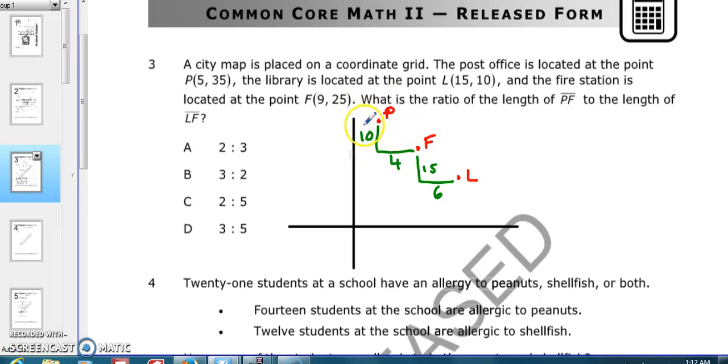And so we can use the Pythagorean theorem to figure out the distances of the two lines, from P to F and F to L. So 10 squared plus 4 squared would be 100 plus 16, so that's 116. 15 squared plus 6 squared is 225 plus 36, which is 261.